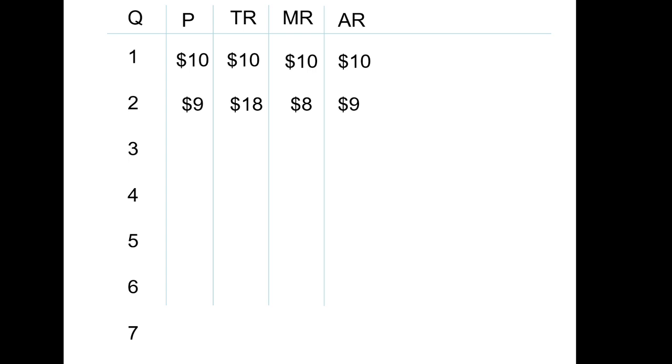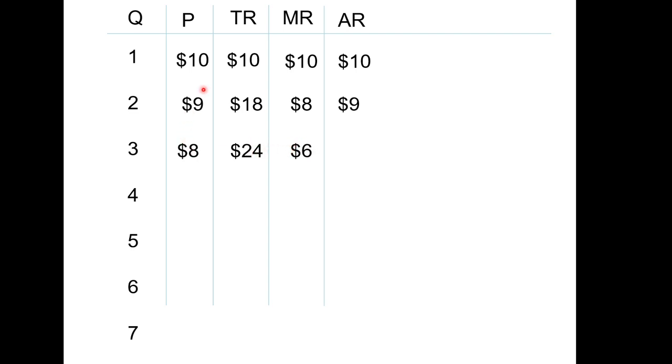All right? So now, again, I want to sell another product, so I have to lower the price to 8. 8 times 3 gives me 24. So my total revenue has gone up to 24. But let's look at this for a second. Total revenue was 18. It's now 24. The change, 24 minus 18, is the marginal revenue, which is 6.